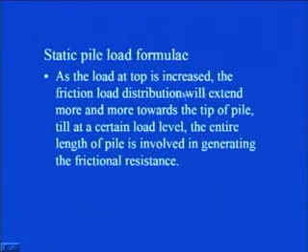Now, as the load at the top goes on increasing, the length of generation of this friction load will go on increasing along the pile shaft. So, as the load at the top is increased, the friction load distribution will extend more and more towards the tip of the pile, till at a certain load level the entire length of the pile is involved in generating the frictional resistance.